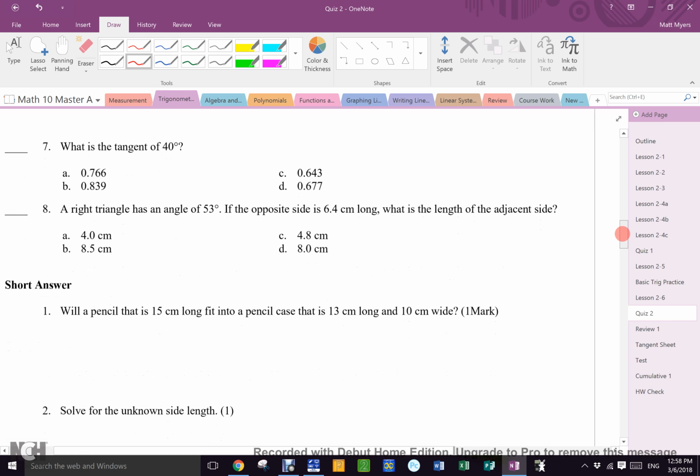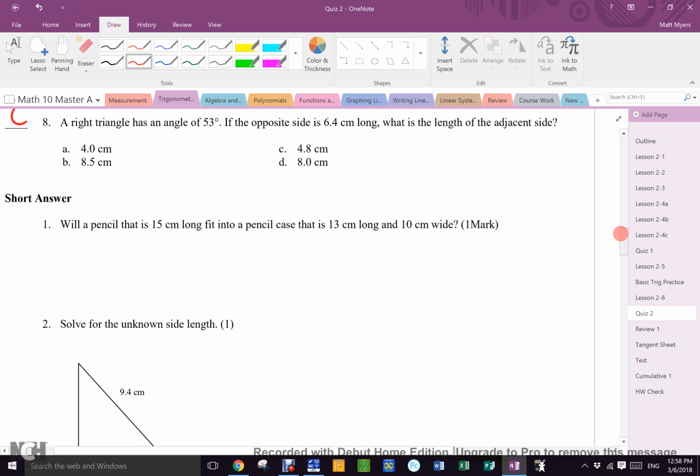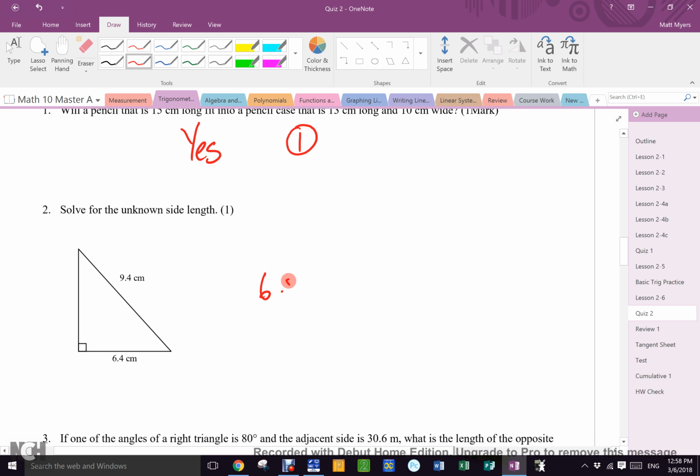Turn the page over. B. I cannot remember. I think it is C. Yes. Yes! For 1 mark. 6.8, I believe. I got 6.9 with rounding. Okay. I'm going by memory.